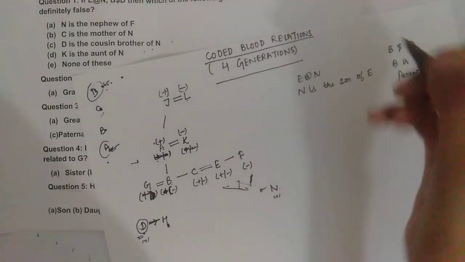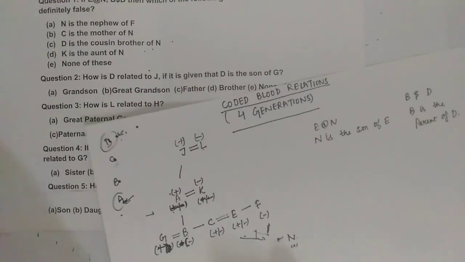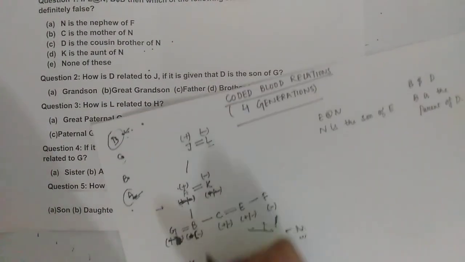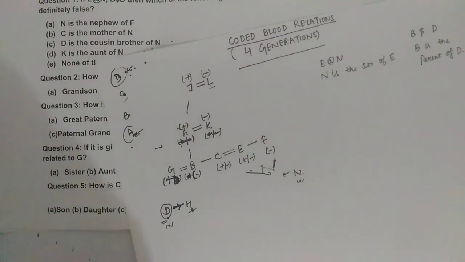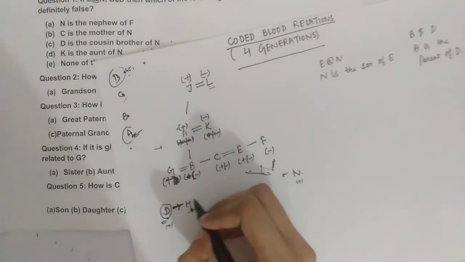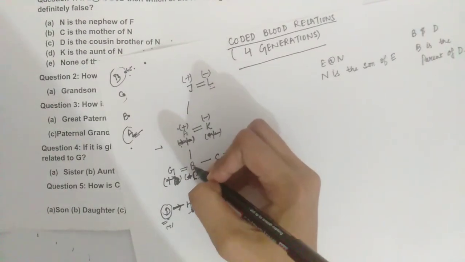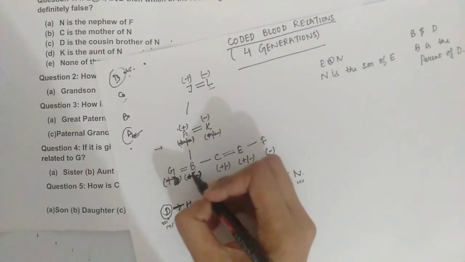Now, I want to make clear that paternal and maternal, if relation is from your father's side, then it is paternal. If relation is from your mother's side, then it will be maternal. Now check L to H relation. Now, these two are children of G and B. Fine. In this case, what happened?